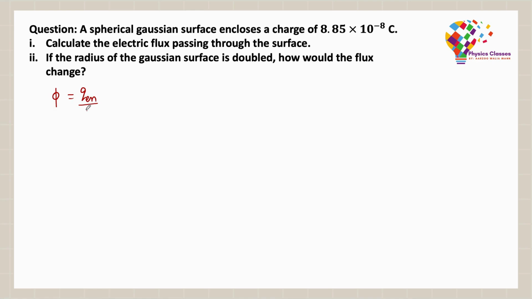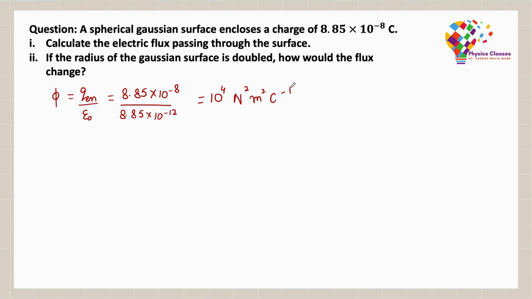The charge enclosed is 8.85 × 10^-8 coulombs, and epsilon naught, which we already know, is 8.85 × 10^-12. On simplifying this, I get 10^4. The unit for flux here would be N m² C^-1. So this is directly by using the Gauss law.